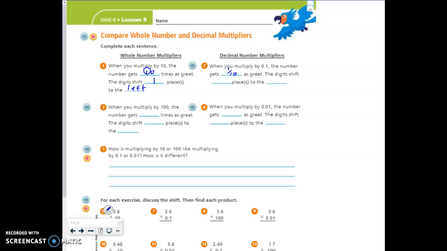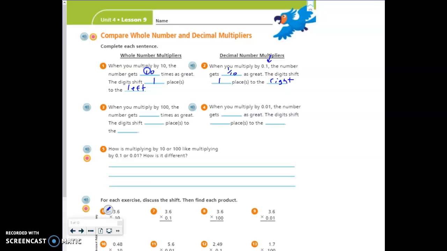It's going to get 1/10 as great. Now they say as great, but we know that actually makes the numbers smaller because fractions make numbers smaller. Fractions are smaller than 1. The digits are still only going to shift one place value, and I know that because I have one number behind the decimal point. But in this case, my numbers are going to get smaller, so the digits are going to move to the right. So the opposite of what we said on the last problem.